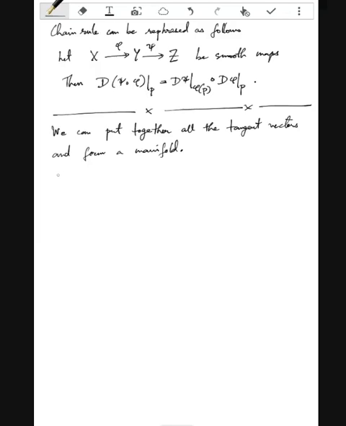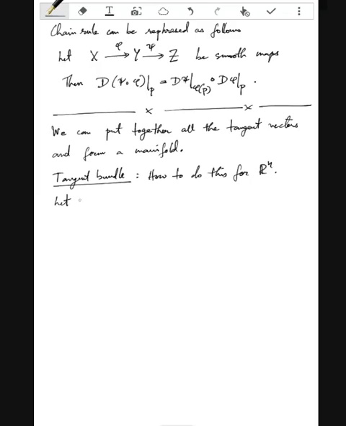So this is called the tangent bundle. So how to do this for Rn?